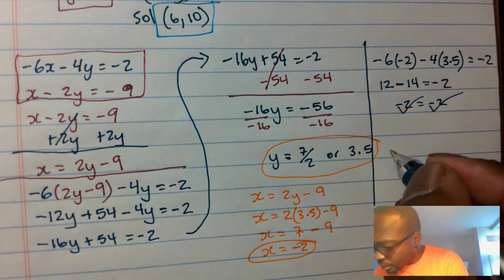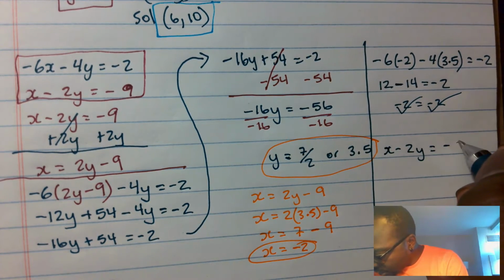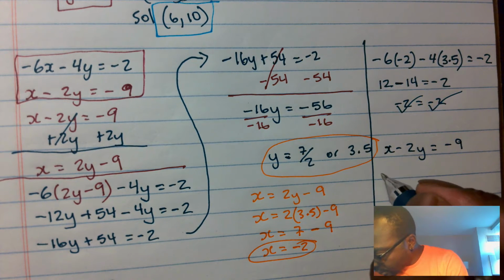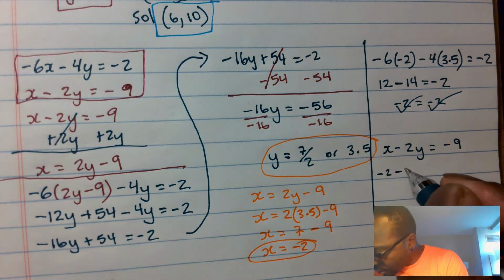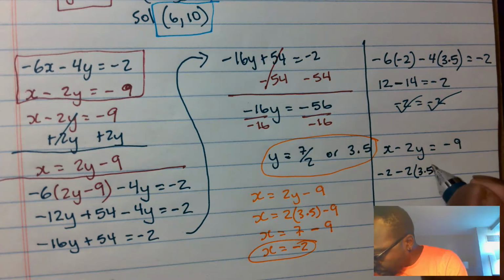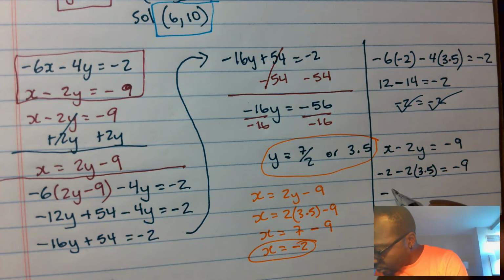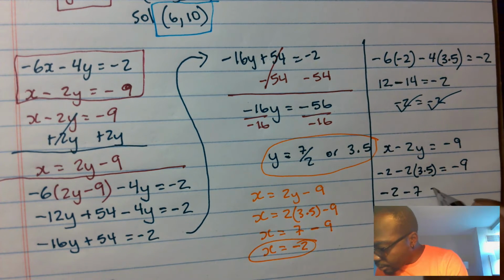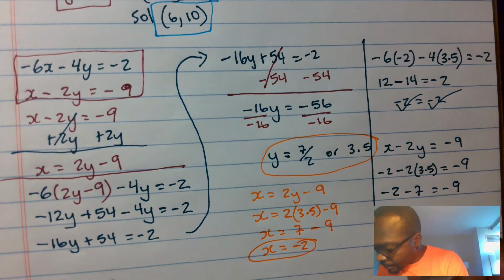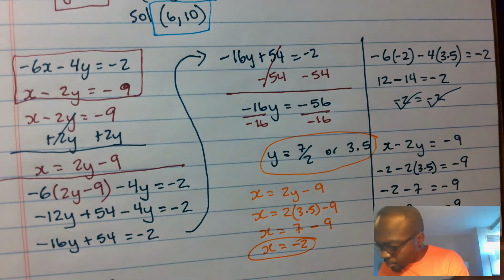Now let's check the second one. If we have x minus 2y equals minus 9, x is negative 2 minus 2 times y, which is 3.5, is equal to negative 9. So we have negative 2 minus 7 is equal to minus 9. Minus 9 is equal to minus 9. Boom.